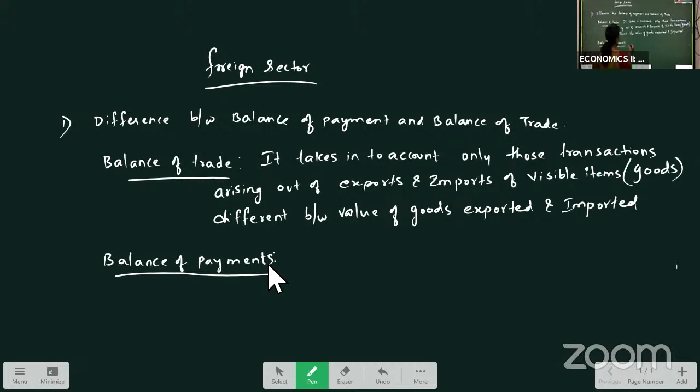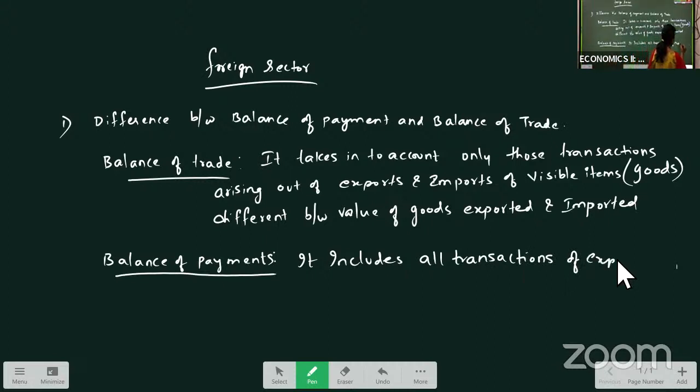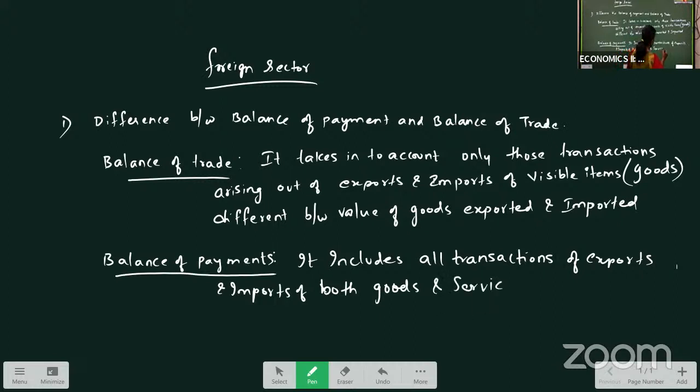Okay, so you can see, balance of payment includes all transactions of exports and imports of both goods and services. That means invisible items are also included in this.